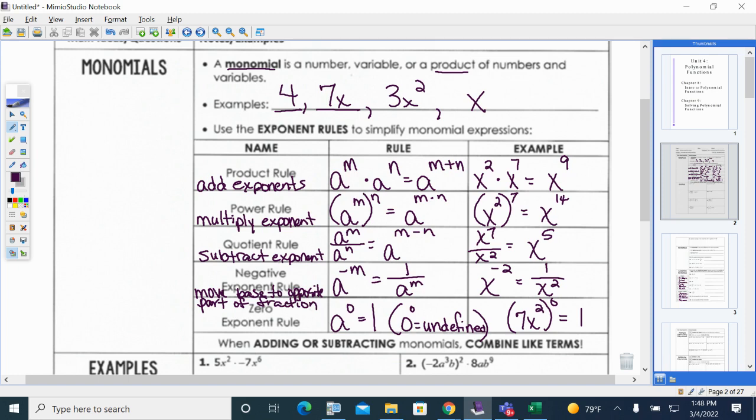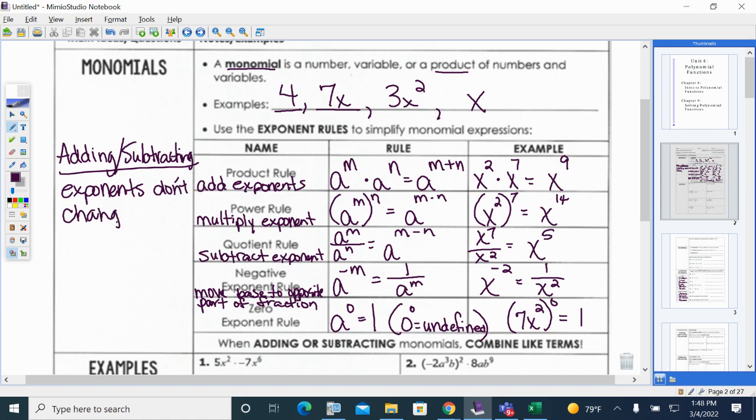And then for your 0 exponent rule, it's just always equal to 1. I do want to add 1 here in the margin. When we are adding or subtracting, exponents don't change. For example, if you have x to the 2nd plus 3x to the 2nd, you're going to get 4x to the 2nd. You just add your coefficients and leave the exponents alone.